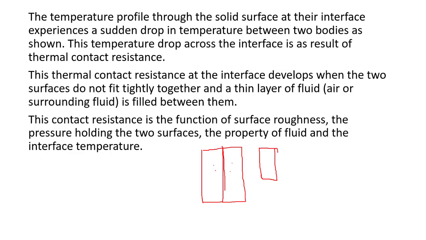So there are some surface valleys and peaks which are joined with the other surface's valleys and peaks, so that there is always a small gap between the two walls.